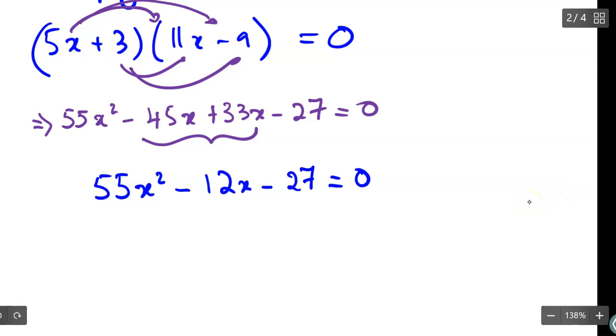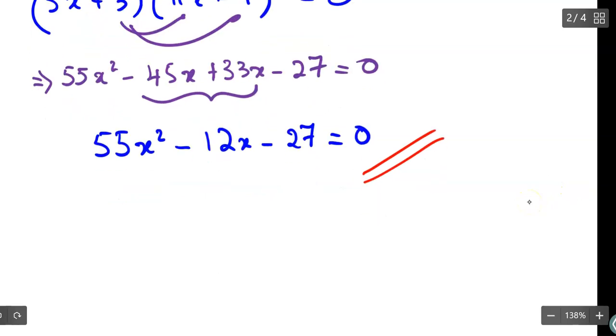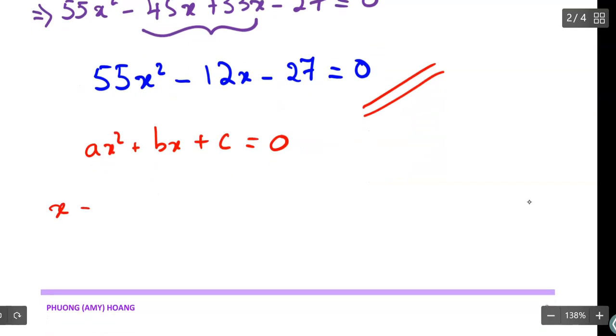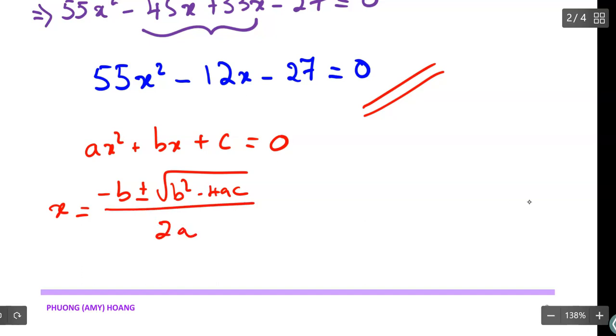Alright, so for the quadratic formula, I just want to remind everyone that if you have ax squared plus bx plus c equal to 0, the quadratic formula is x equal to minus b plus or minus the square root of b squared minus 4ac, divided by 2a.